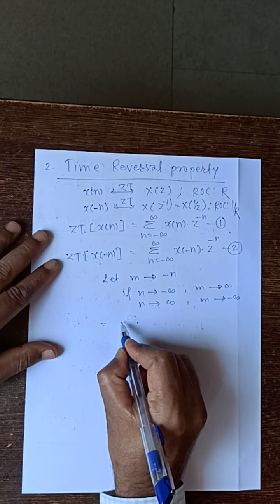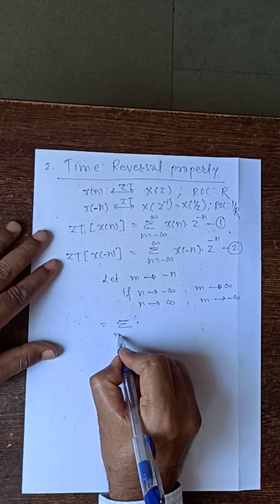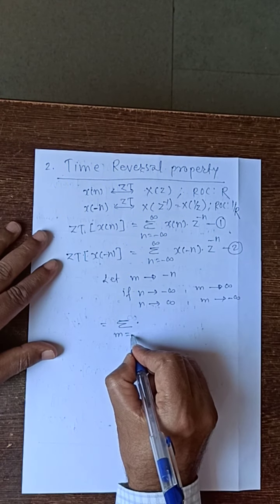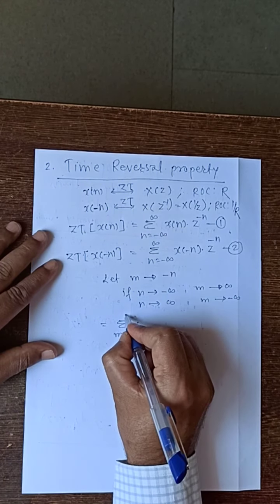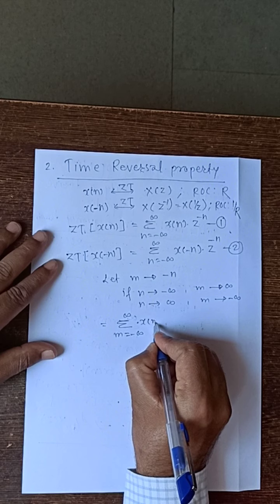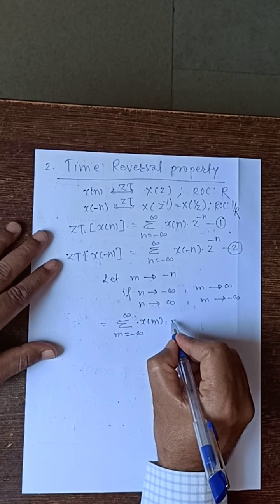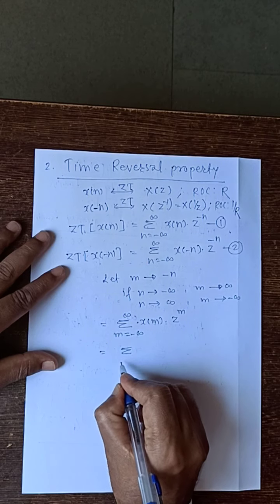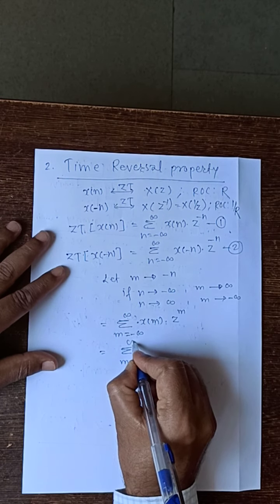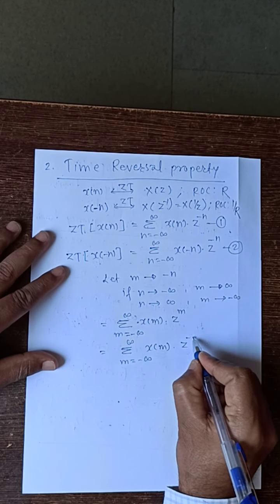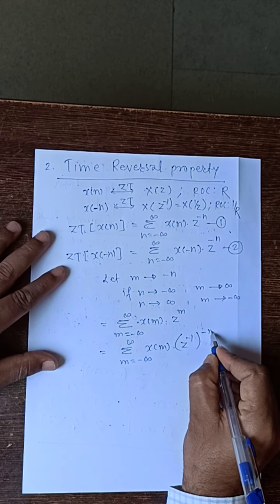So we'll do this, that is equal to summation m equals minus infinity to plus infinity, or plus infinity to minus infinity, so no change basically. m equals minus infinity to plus infinity. x[-n] is going to be replaced with x[m], and this minus n is going to be replaced with m, because m equals minus n. So I can write this summation m equals minus infinity to plus infinity x[m] into z raised to minus 1 raised to minus m.